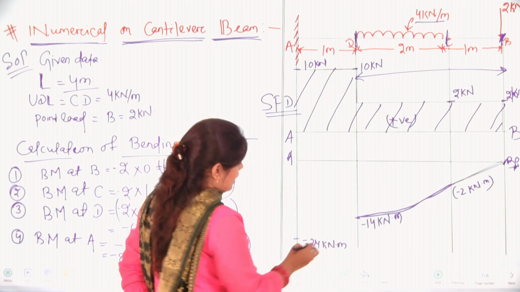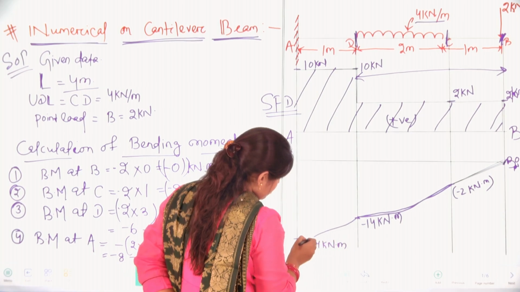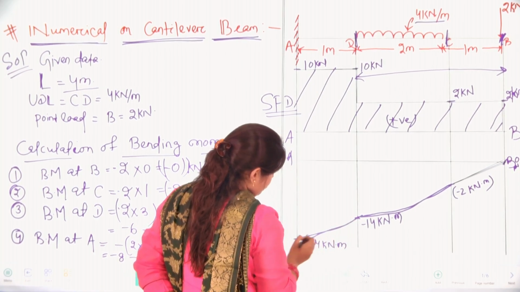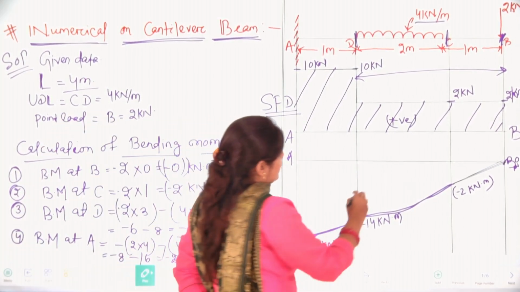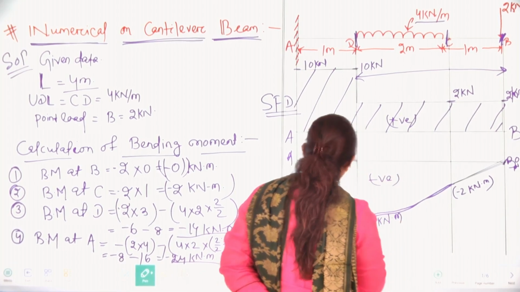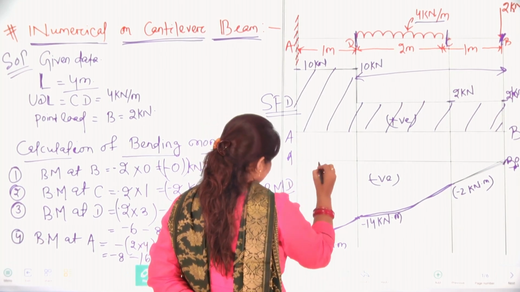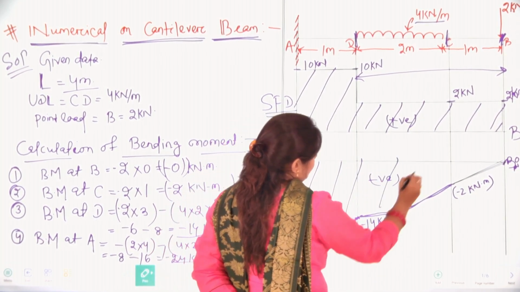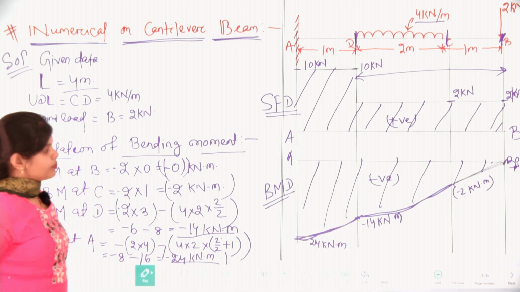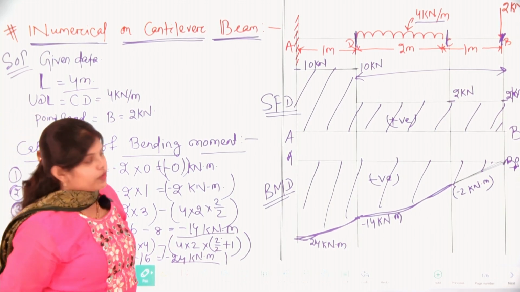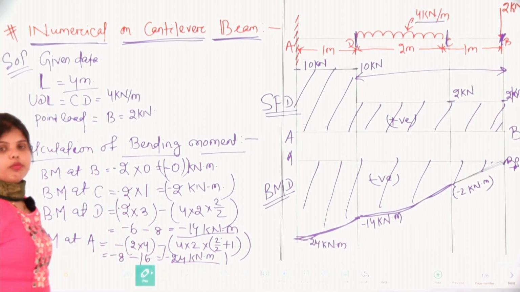And again, as here we have UDL, it will also be parabolic. Here it is your negative bending moment diagram. The bending moment part is this much.